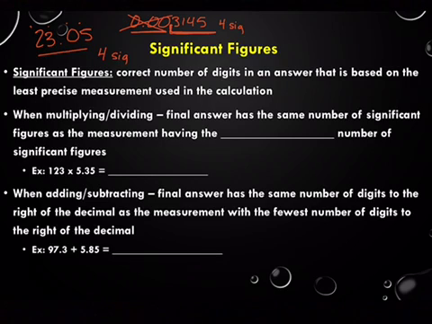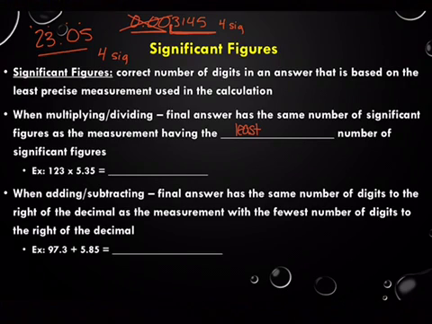So when we do any kind of math, multiplying, dividing, adding, and subtracting, there are certain rules with significant figures you have to follow. So when you multiply or divide, your final answer has to have the same number of significant figures as the measurement having the least number of significant figures.